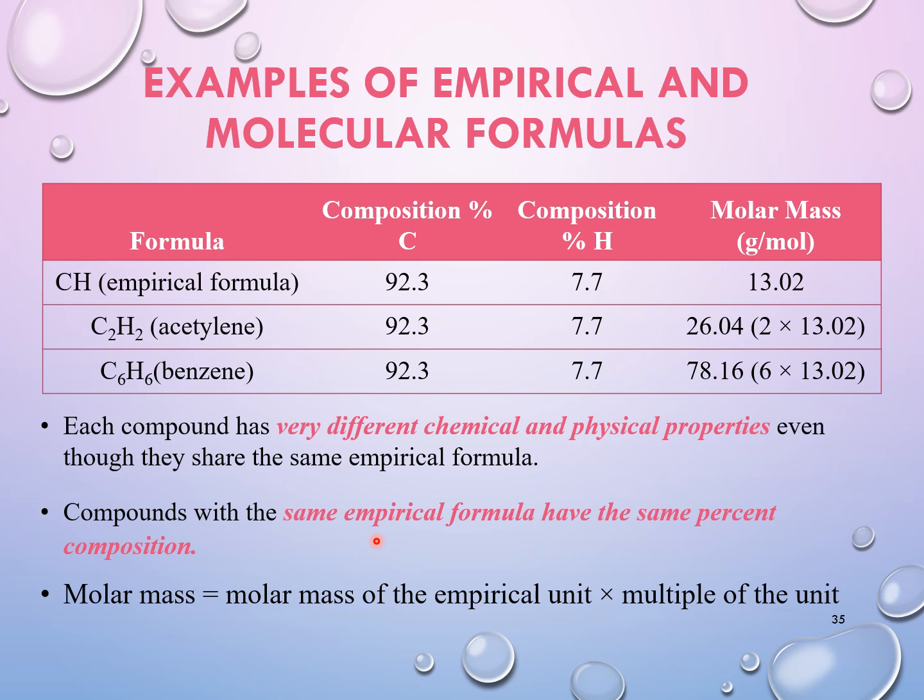One cool thing though is you should note that they have the same percent composition. So molar mass, again, is the molar mass of the empirical unit, which is the CH value right here, and then whatever the multiplication number is. So like this would be 13.02 for the empirical, and C2H2 would be 2 times 13.02. C6H6 will be 6 times 13.02.